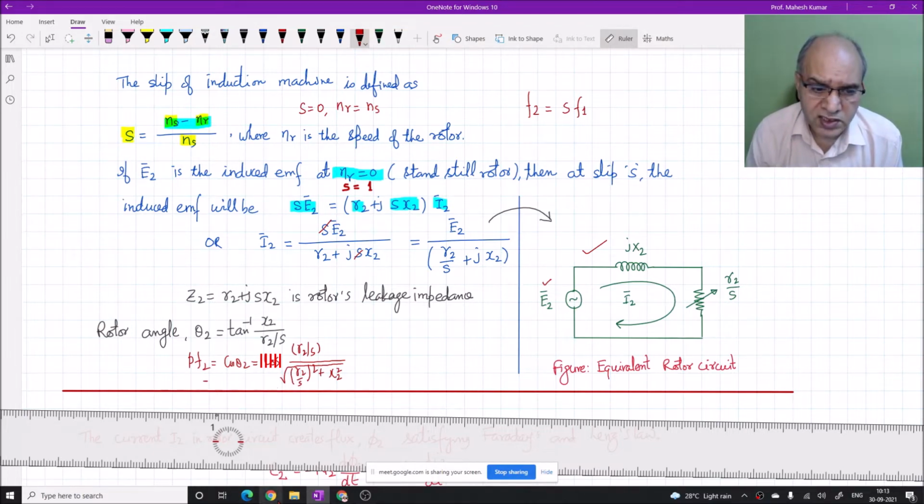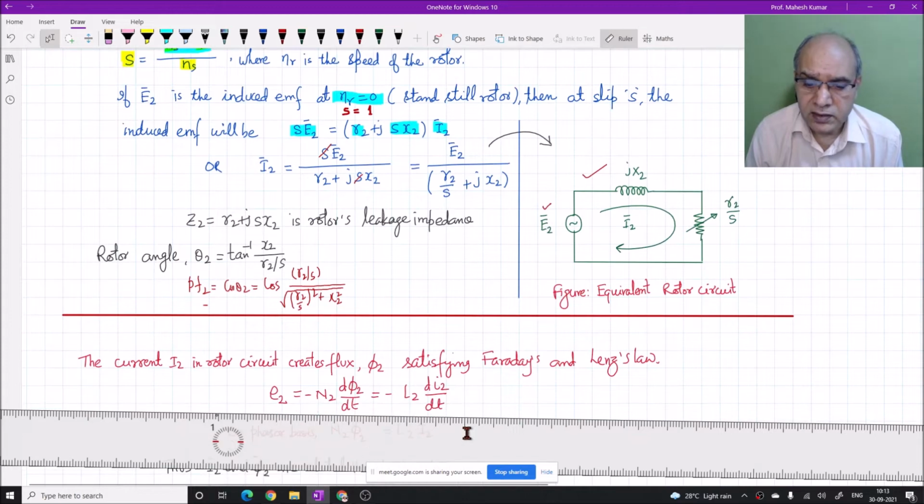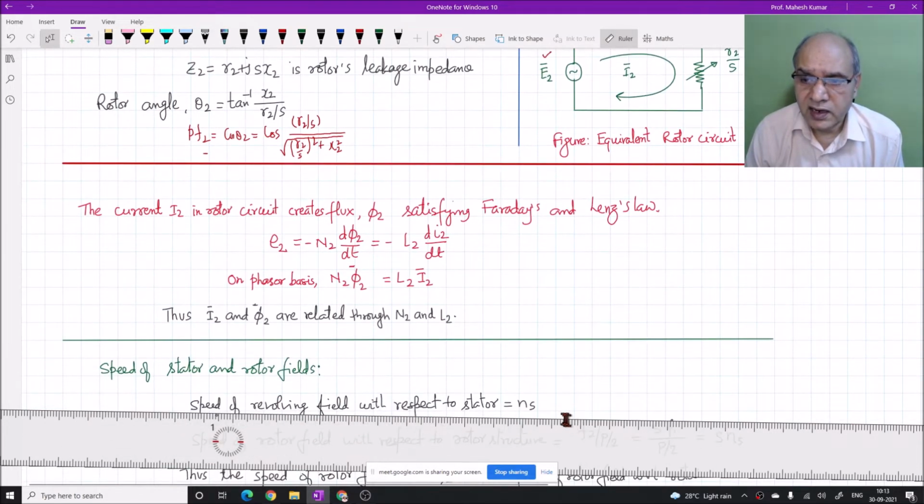Now once we know this, we can develop the phasor diagram as well as the equivalent circuit for the induction machine. The stator currents develop the MMF in the air gap and therefore the flux in the air gap. Now this flux induces the voltage in the two windings, called back EMF, in fact, which gives rise to current in both the circuits.